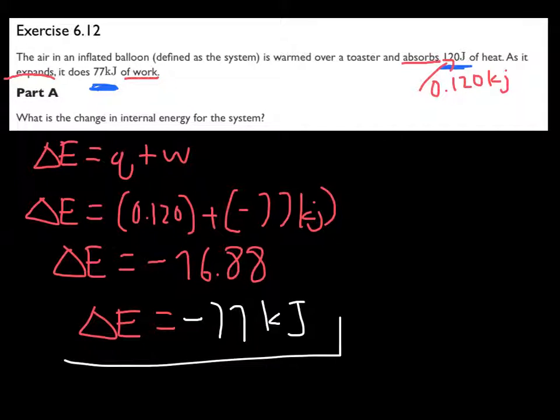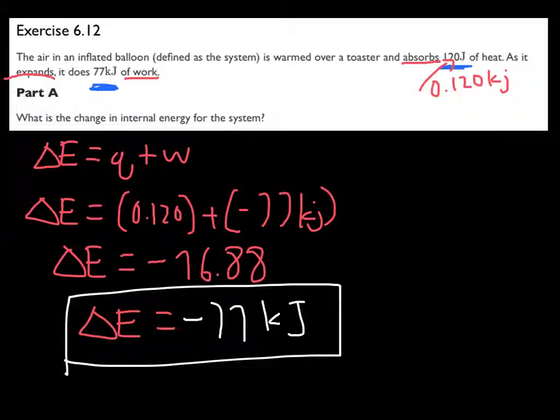Just be careful with the units. You could have converted 77 kilojoules into joules and converted at the end. That part's up to you, whatever you find easiest. But you just have to make sure the answer is what it's asking for, and that the units work together. All right. Now this makes sense, right? We'll review this.